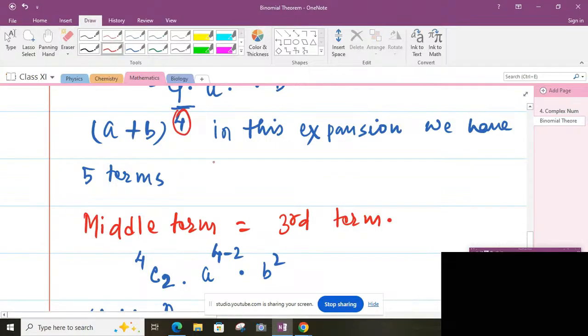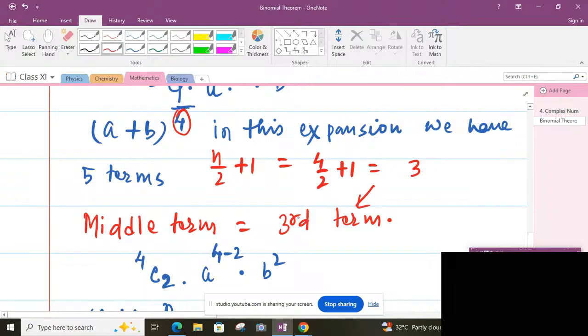Then the middle term will be n by 2 plus 1, equal to what? Here it will be 4 by 2 plus 1, equal to the third term. This is the third term.